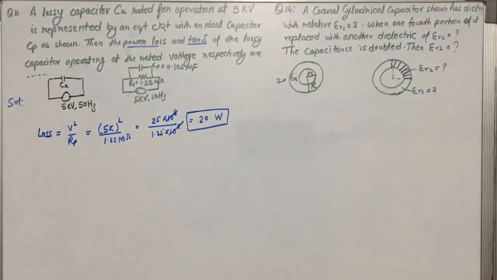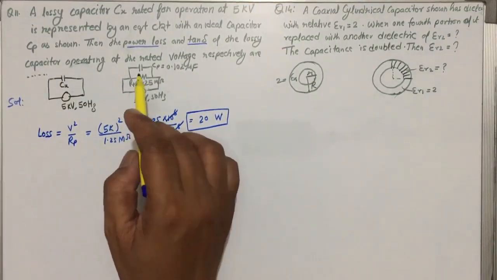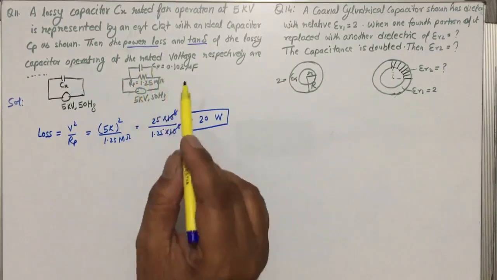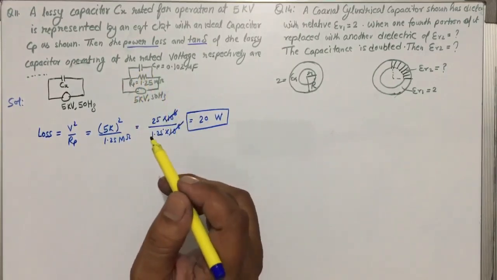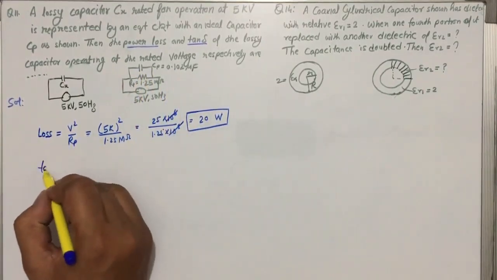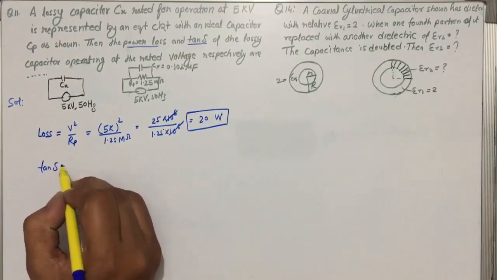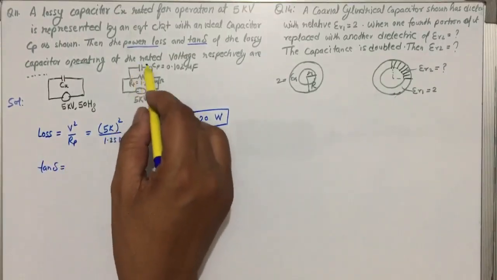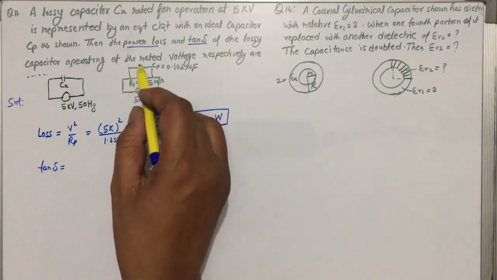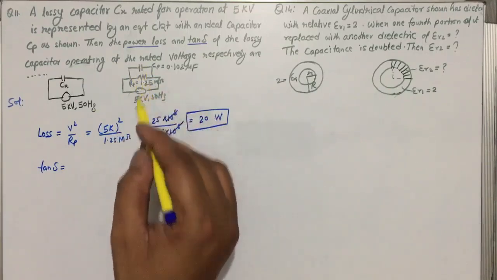Okay, so the loss will take place in the Rp part. There will be no loss in the ideal capacitor. And for tan delta, we have a simple formula. Tan delta is nothing but XC divided by XR.